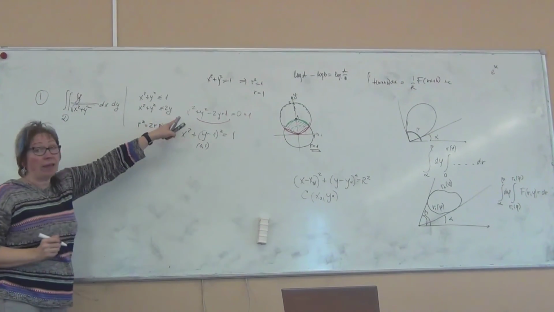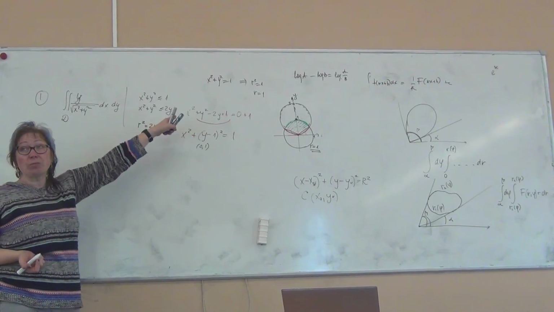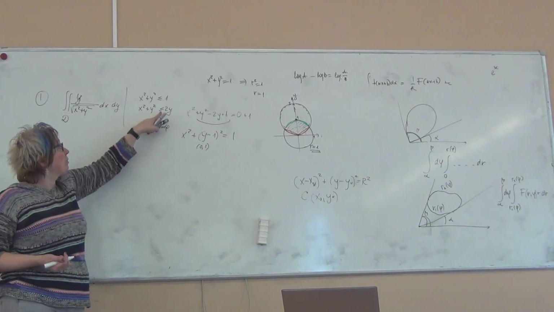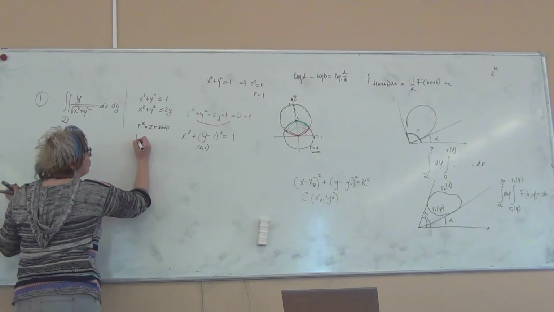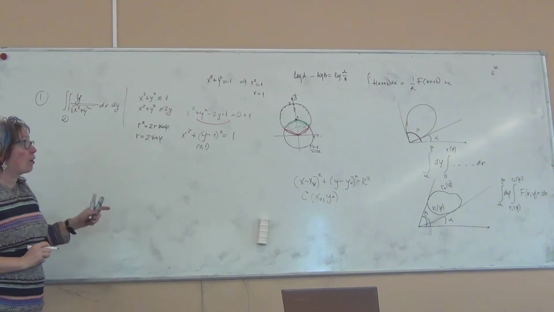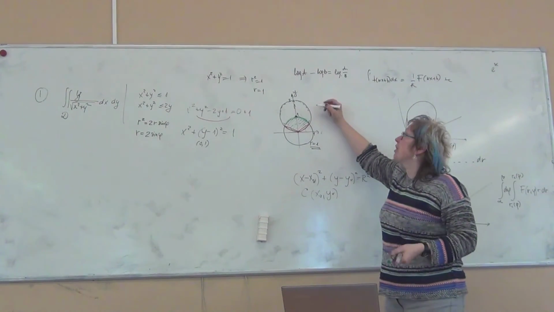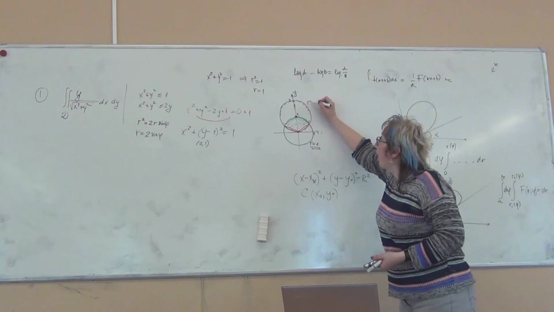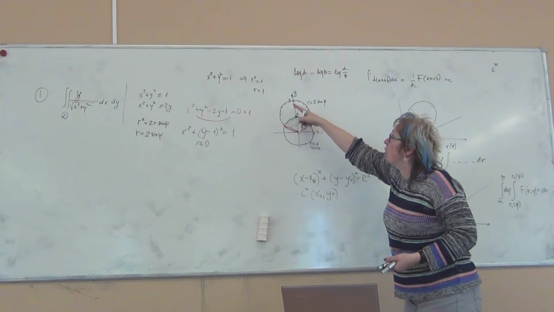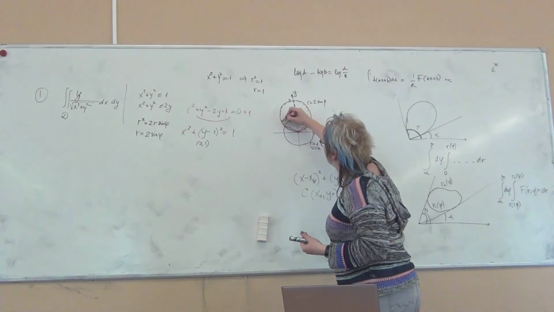Remember that the y variable transforms into r times sine phi. So that means r equals 2 sine phi. So the equation of this circle is again surprisingly simple. r equals 2 sine phi is the equation of the circle in red.